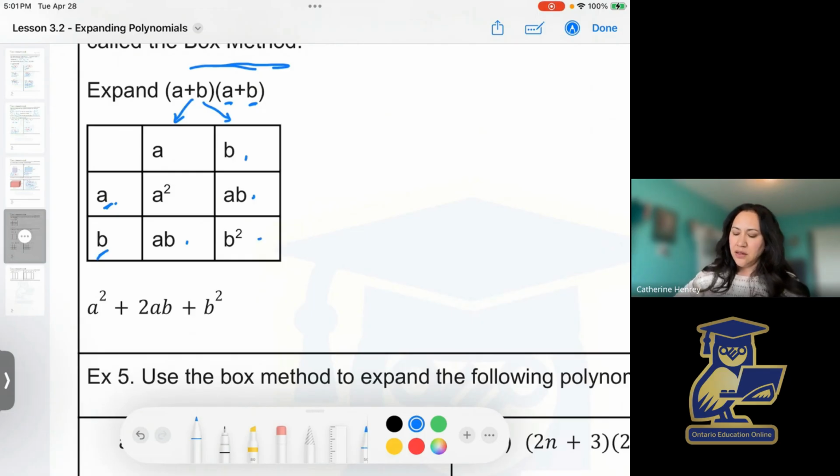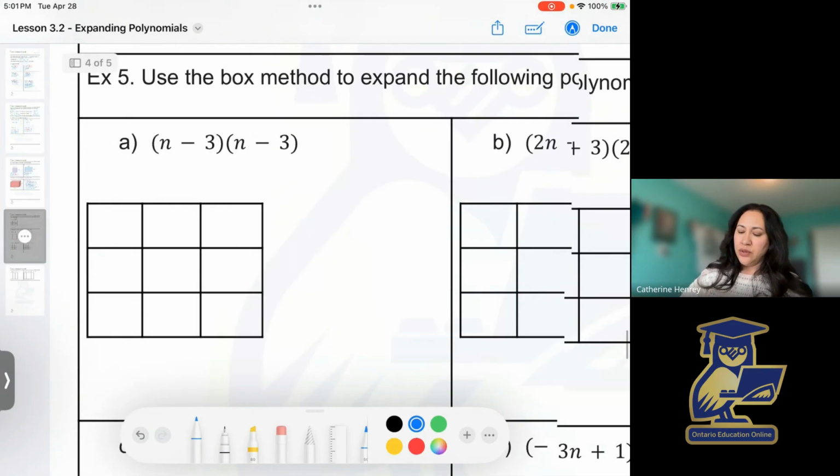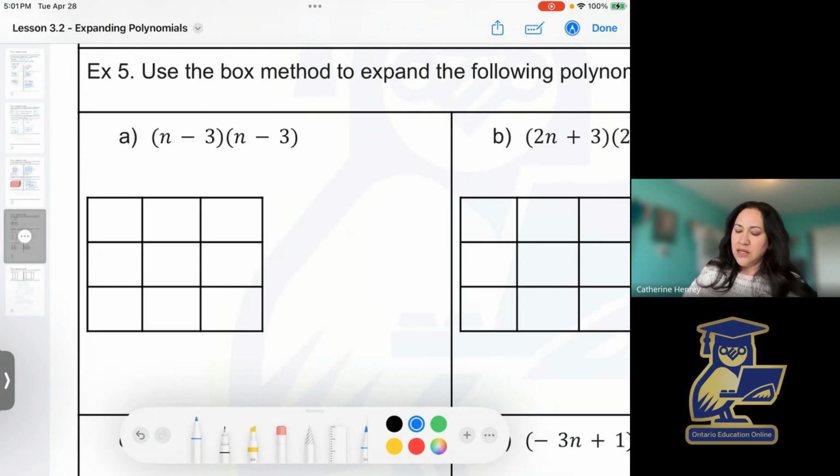So let's take a look at a numerical example. If I have n minus 3 times n minus 3, I'm going to split one binomial, n and negative 3, and the other binomial along the side, n and negative 3. So n times n is going to give me n squared. That's where they match up. Then negative 3 times n is going to give me negative 3n.